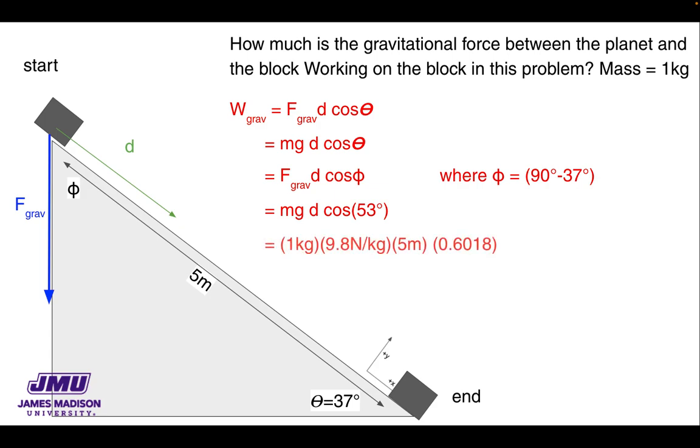And since I know the mass is 1 kilogram, g is 9.8 newtons per kilogram, and d is 5 meters down the length of the hypotenuse of this triangle here, I just need to know what cosine 53 degrees is. So I put that in my calculator. It tells me it's 0.6018, meaning that if I multiply all these together, I get that the work done by the force of gravity is 29.5, and of course the units for work are joules.